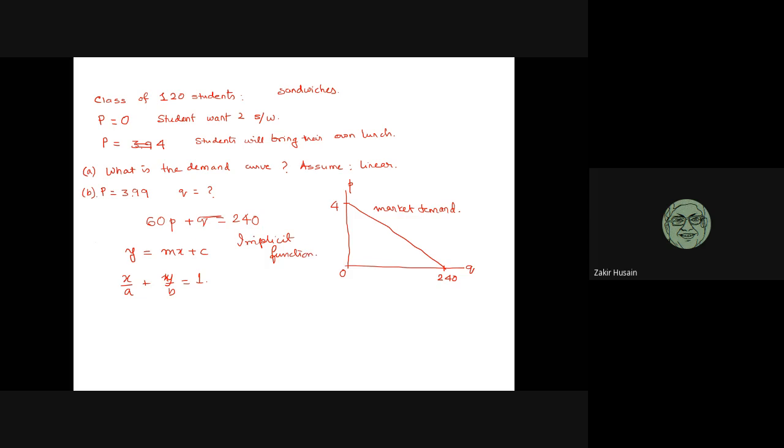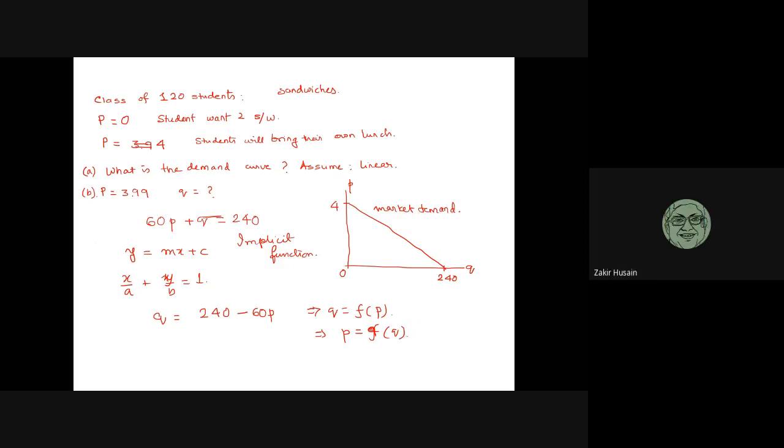We don't write demand functions like this. We write demand functions like this: the quantity demanded is a function of price. Or if you want, you can inverse it also. I think ma'am has taught you the Walrasian and Marshallian equilibriums. Yes, sir.